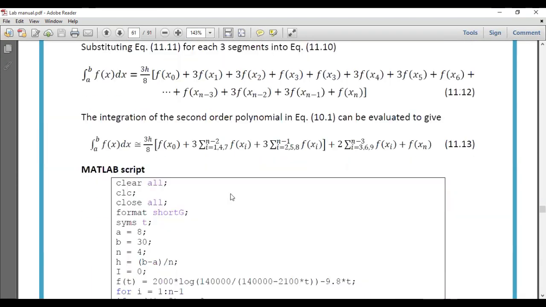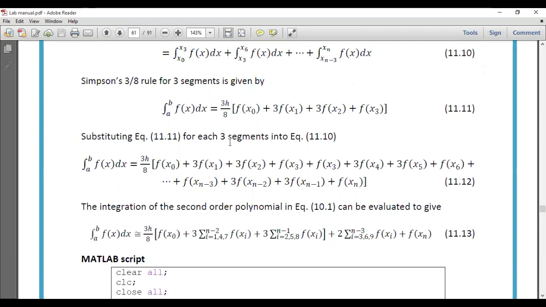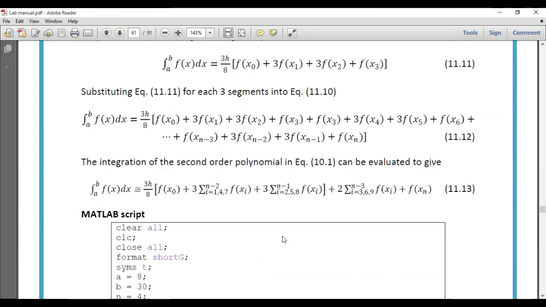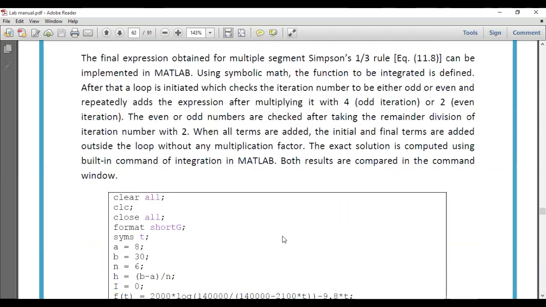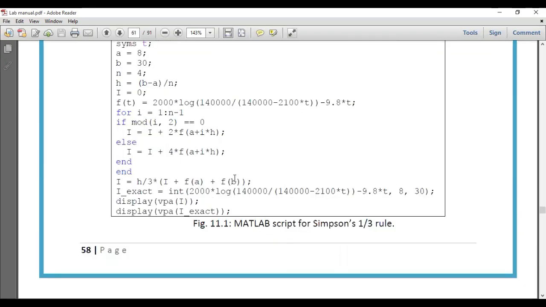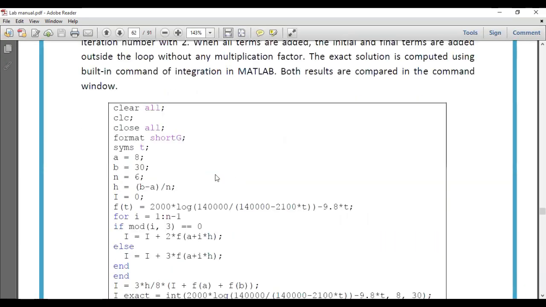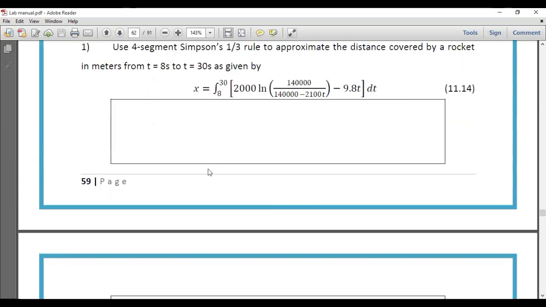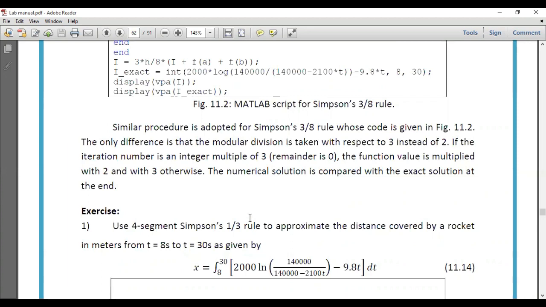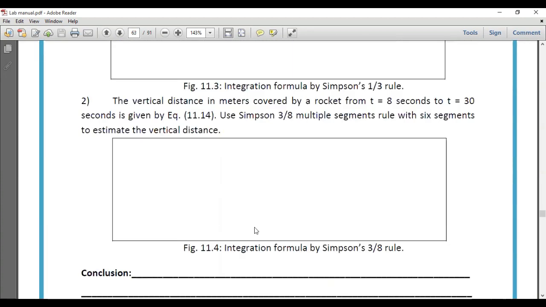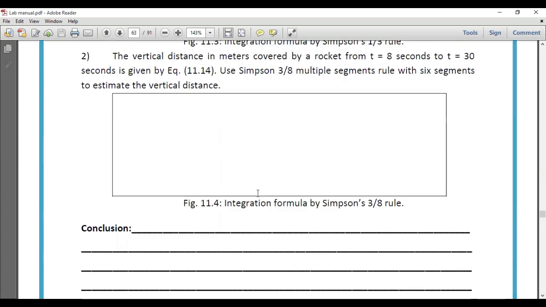And for multiple segments Simpson's 3 by 8 rule, we will have this expression which I have also discussed. And here we have to write a code. This is the code for Simpson's 1 by 3 rule, and this is the code for Simpson's 3 by 8 rule. By using this code, we can apply both these rules and evaluate the integration.